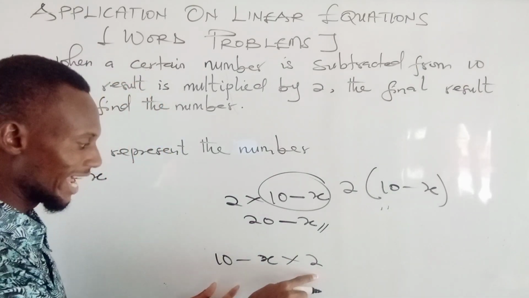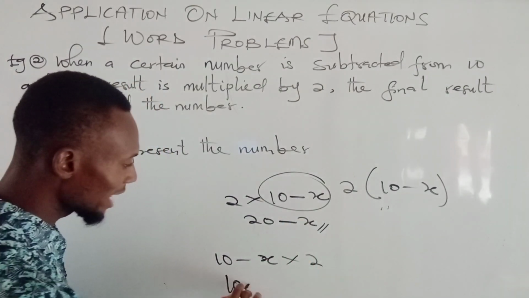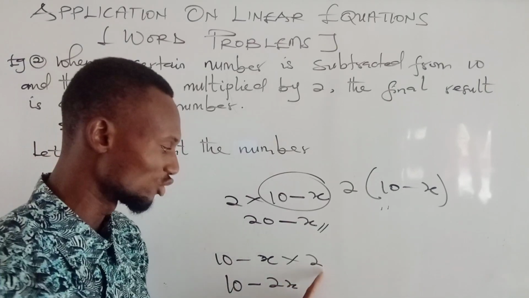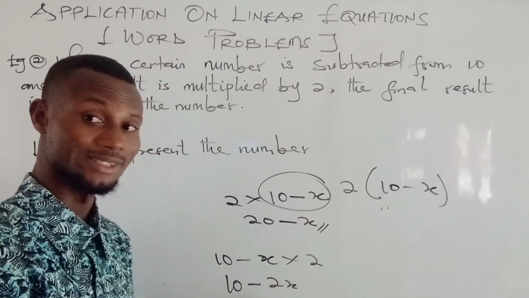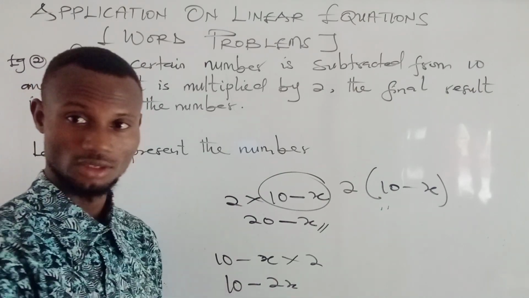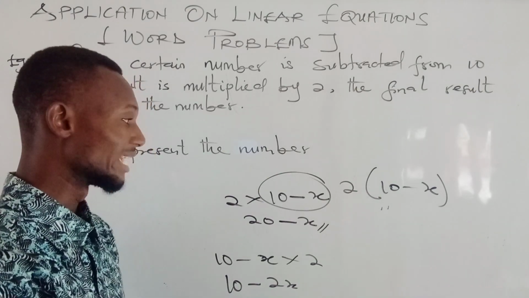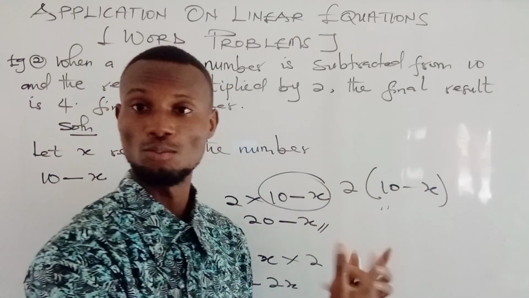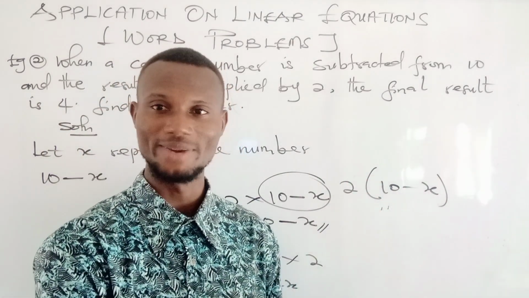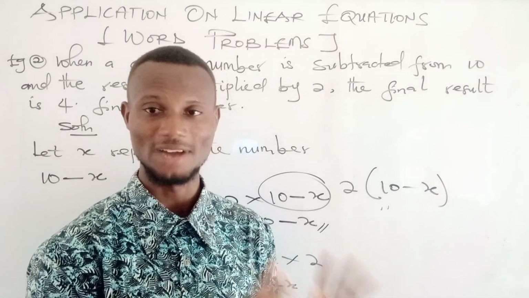Or they'll write it like this, and they'll do 10 minus 2S, because they'll use the 2 to multiply only the minus S, and to give the minus 2S, and they'll result in this, which is equally wrong. So the best way is that you put that result in a bracket, then you multiply it by the 2. I hope the explanation is clear enough up to this point.